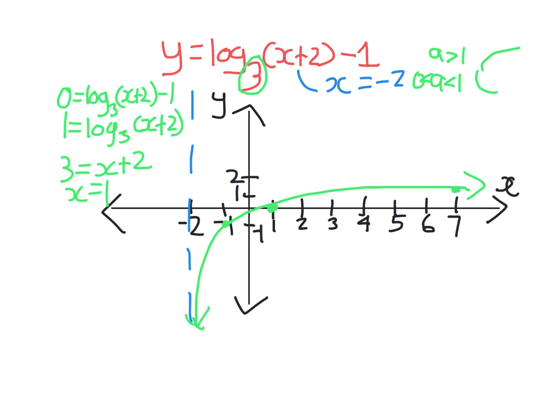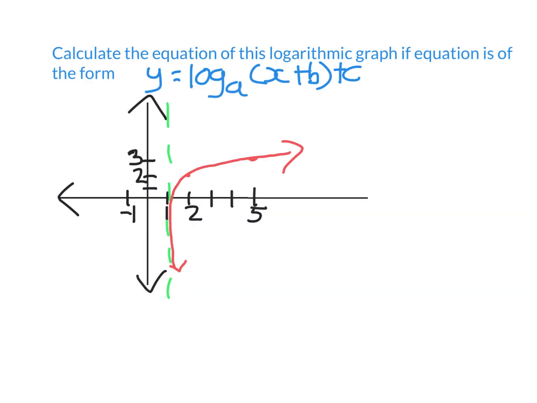All right, let's now look at an example where you're given the graph and you have to find the equation. So we're going to find the equation of this graph here, being told its equation is of the form log base a of (x plus b) plus c. So really all we need to do is find the values of a, b, and c. Now, b can be obtained first from the asymptote. It's easy to find.